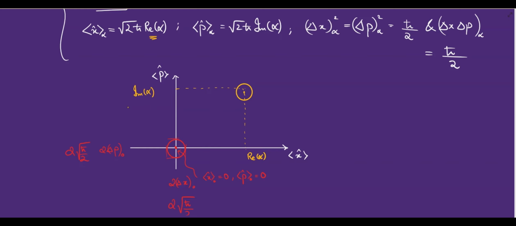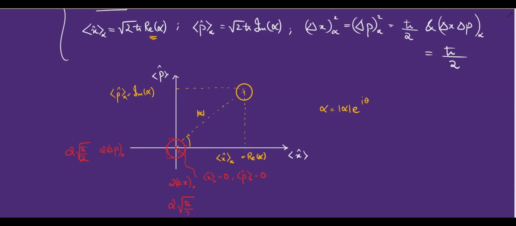And that way, the direct distance from the origin of this center is directly proportional to mod of alpha, where alpha is equal to mod of alpha e raised to i theta. Here is the expectation value of x alpha, and this is the expectation value of p alpha.